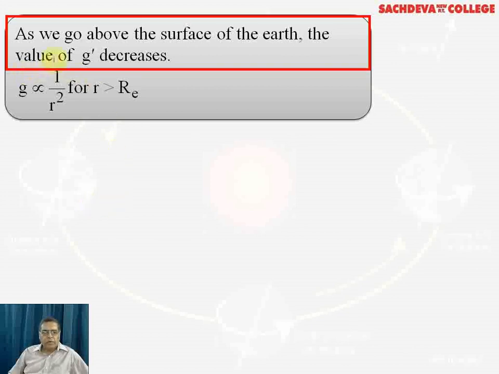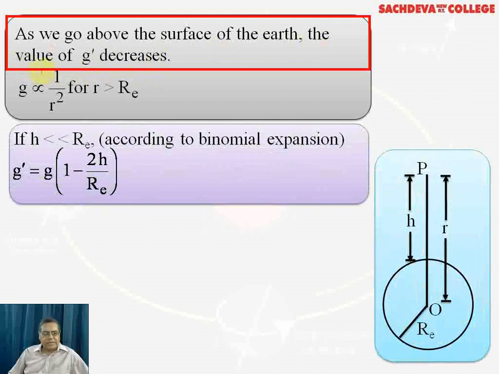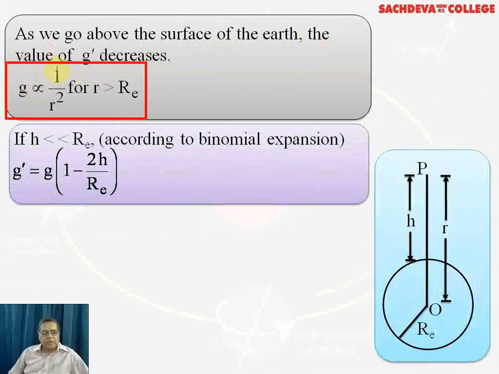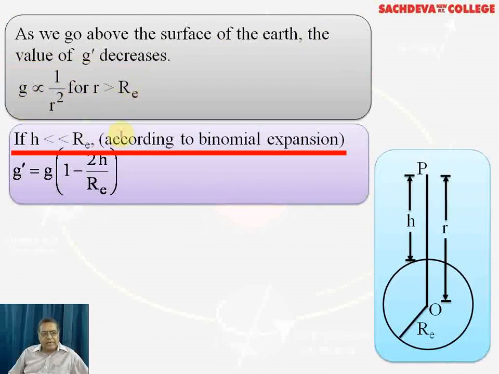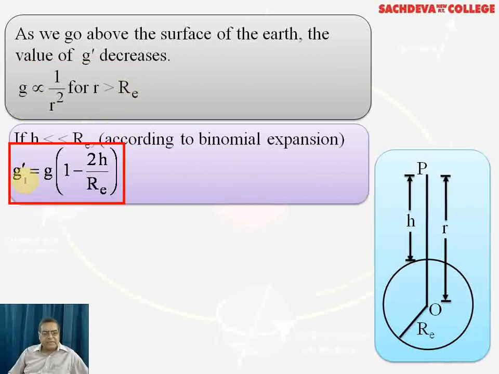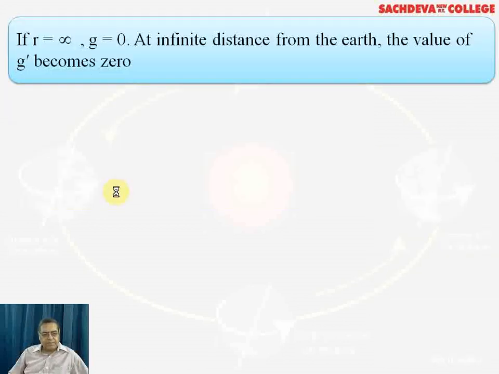Now, as we go above the surface of Earth, the value of G dash decreases, and G is inversely proportional to R square for R greater than RE. If H is very small compared to RE, we use the binomial theorem in a unit form. So we have written G dash is equal to G into 1 minus 2H over RE.